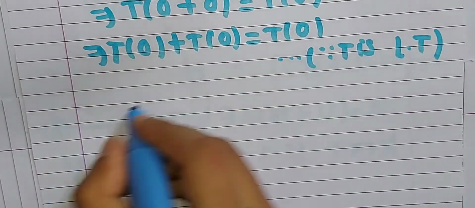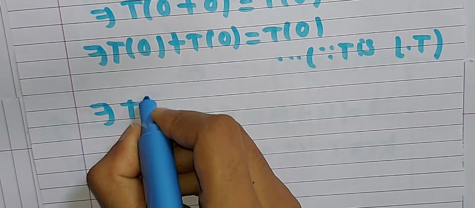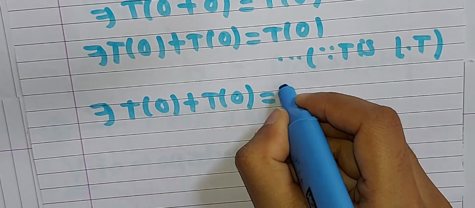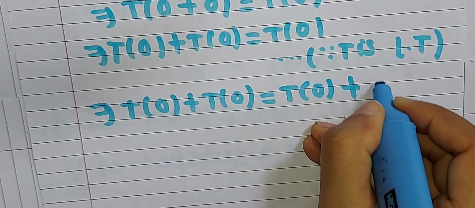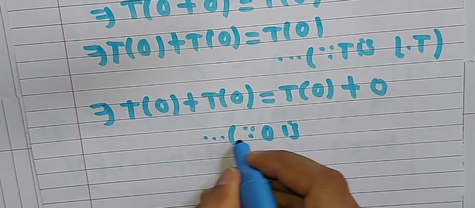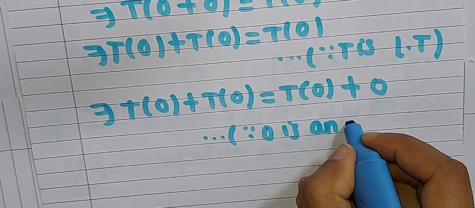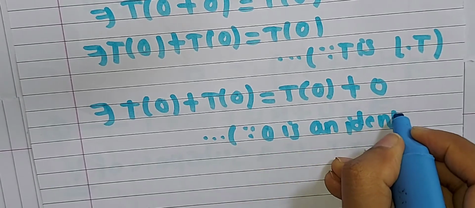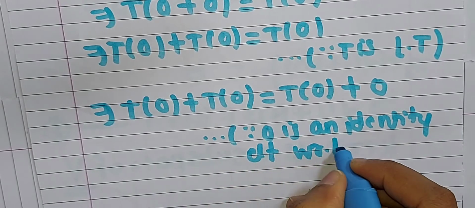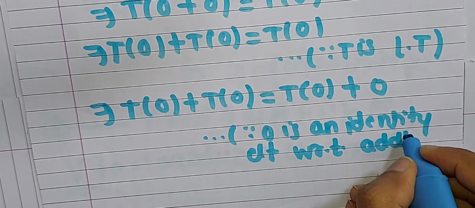Now to solve this, do one thing: T of 0 plus T of 0, there is no change in the LHS. In the RHS just add one identity element, that is 0. Here this 0 is nothing but an identity element with respect to which operation? Addition.